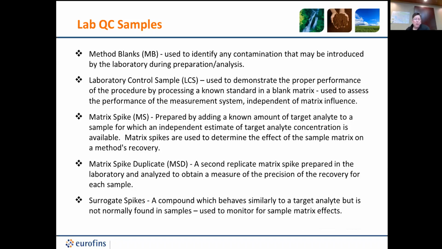We can also spike your sample to see how the matrix impacts it. Now, it's a little more challenging for stormwater to create a matrix spike, but if you use a lab for any other purposes, you're going to want to have matrix QC involved. You're probably not going to collect 3 or 4 liters of a discharge during a stormwater event to do one analysis. It's easier just to fill up one jar.